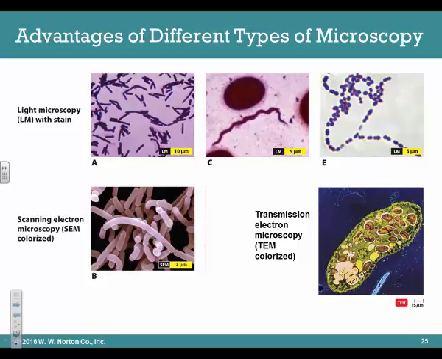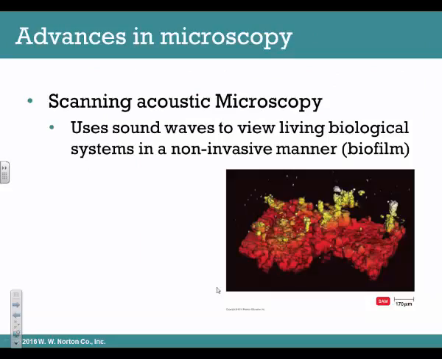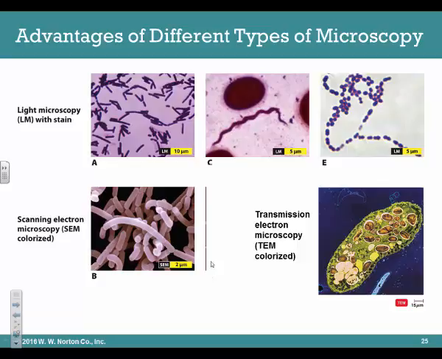Here are the internal details of a paramecium that have been colored using a computer. And here's the surface image of a group of bacillus-shaped bacteria. Here in the lower right corner, you can see the scale is listed.